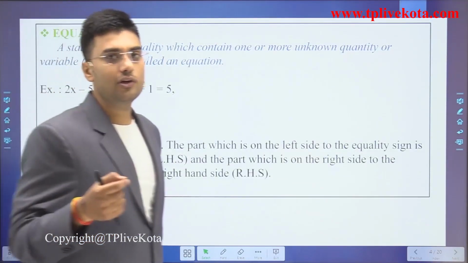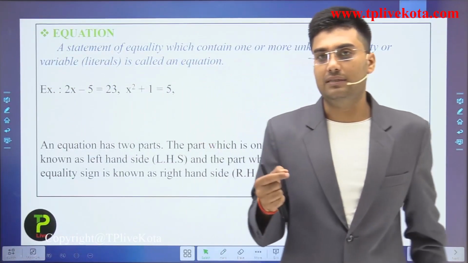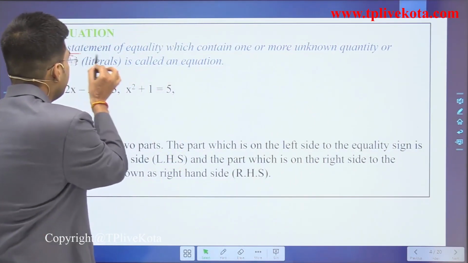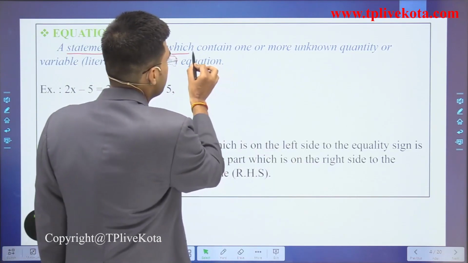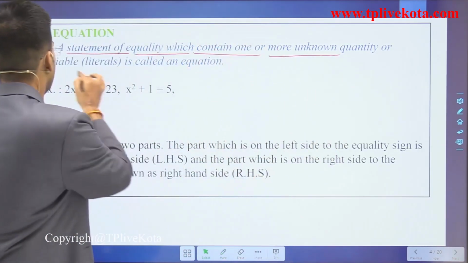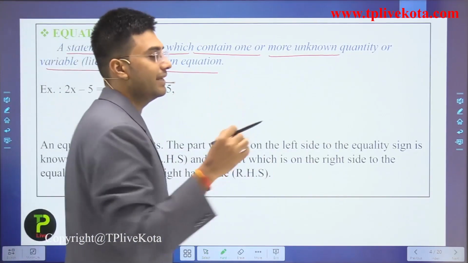First is the equation. What is an equation? A statement of equality which contains one or more unknown quantities or variables is called an equation.